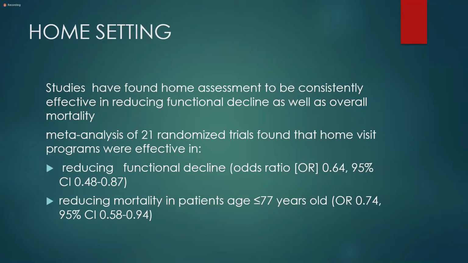We know that an odds ratio of less than 1 indicates decreased occurrence of an event. Therefore, it is useful in reducing functional decline when administered to patients during home visits. It was also found to reduce mortality in patients aged below 77 years, with an odds ratio of 0.74. Again, this indicates decreased occurrence of an event.